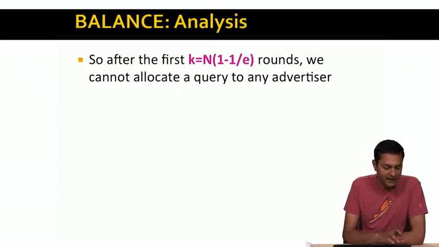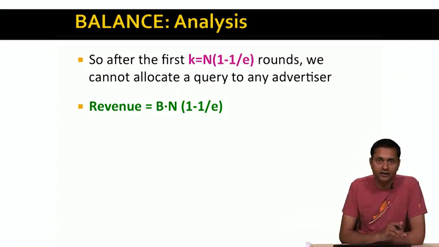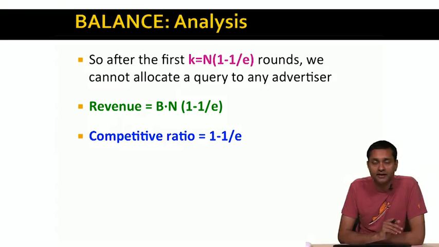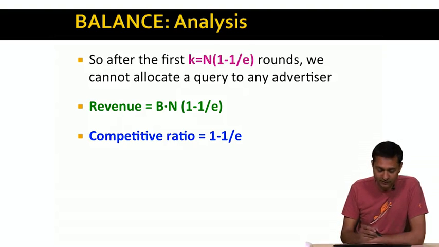And so the revenue from the balance algorithm is given by B times n times 1 minus 1 by e, since in each round we have B queries. Now we've also shown that the revenue of the optimal algorithm is n times B. And therefore, the competitive ratio of the balance algorithm is just the ratio of the revenues of the balance algorithm to that of the optimal algorithm, and that's 1 minus 1 over e.